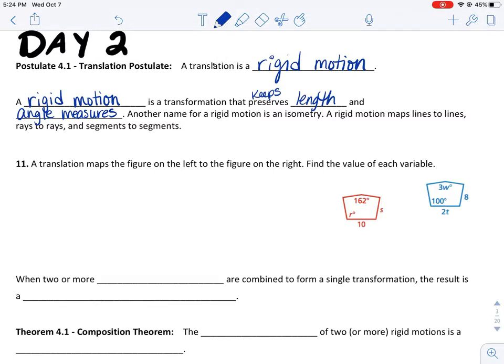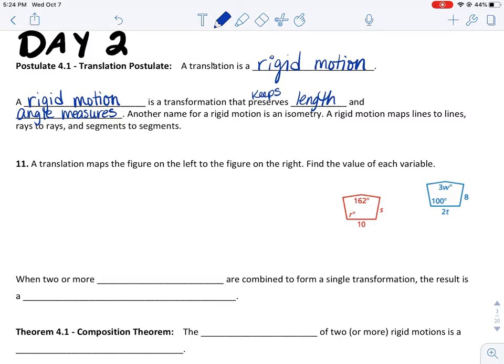So we're not changing shapes. This triangle doesn't magically become a rectangle, or a point doesn't magically become a line. So everything about the figure, all its lengths on the side, all the angle measures inside it, all of those pieces are kept equal as we translate figures.